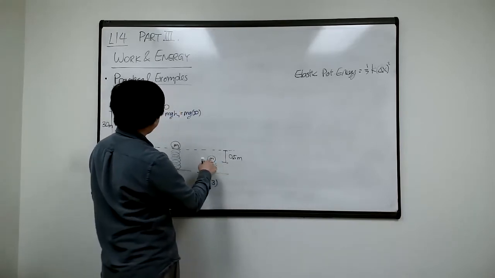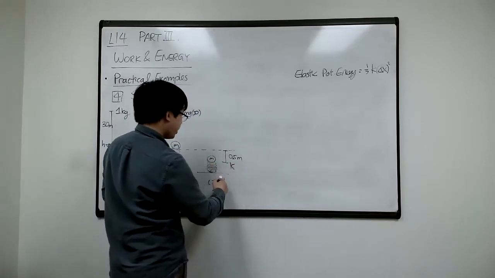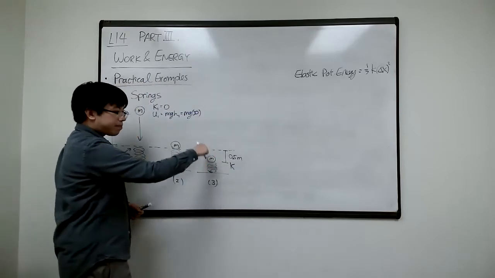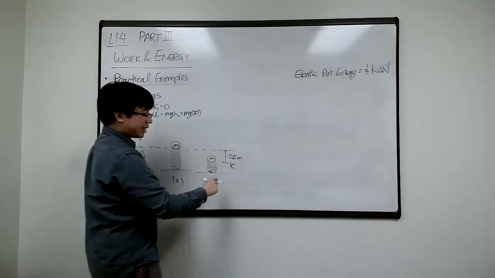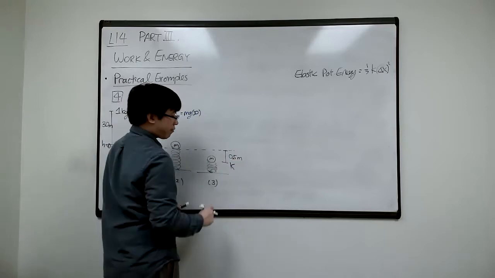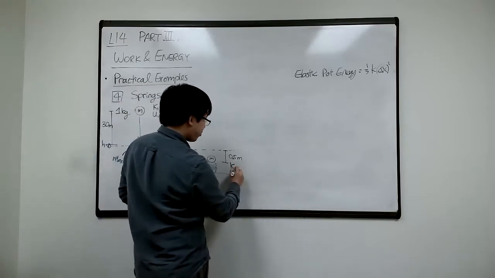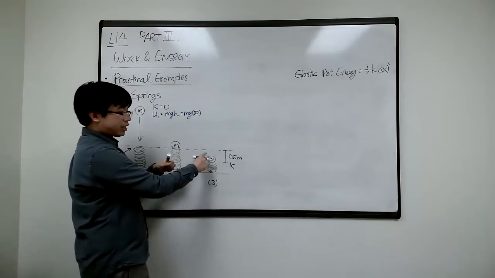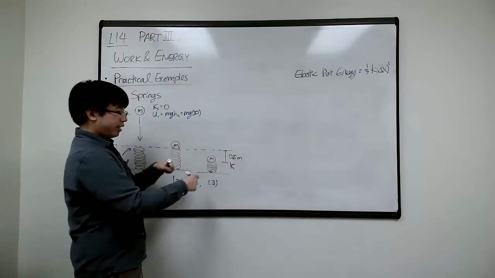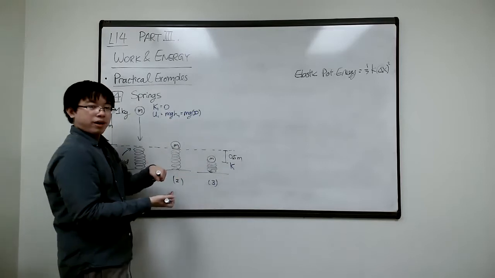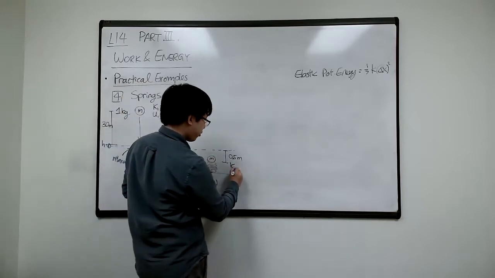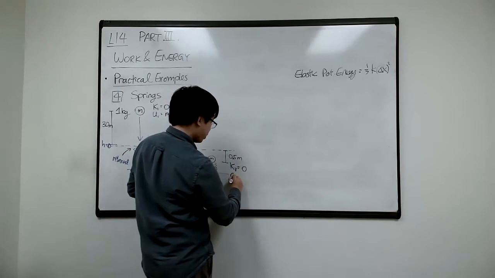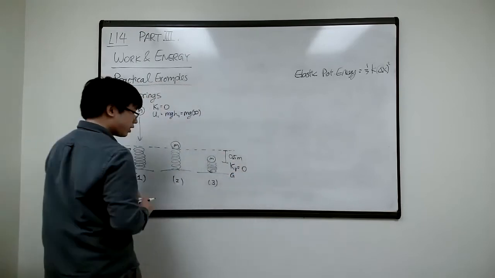What is my kinetic energy here, when it's maximally compressed? Say the maximum compression is 0.5. At maximum compression the speed is 0, because if the speed were still going, it would compress more. So K3 has to be 0. What's the gravitational potential energy, U3?